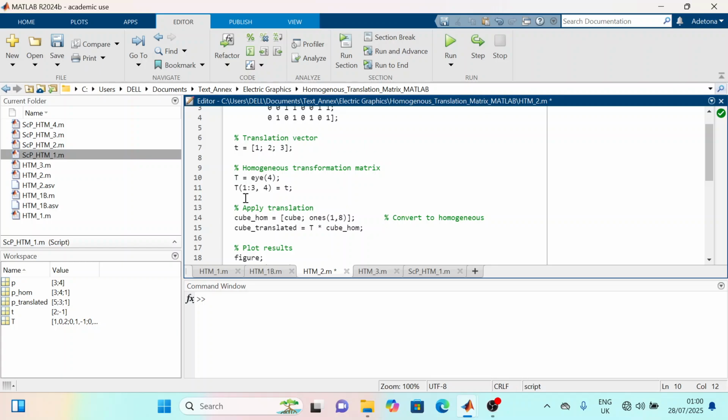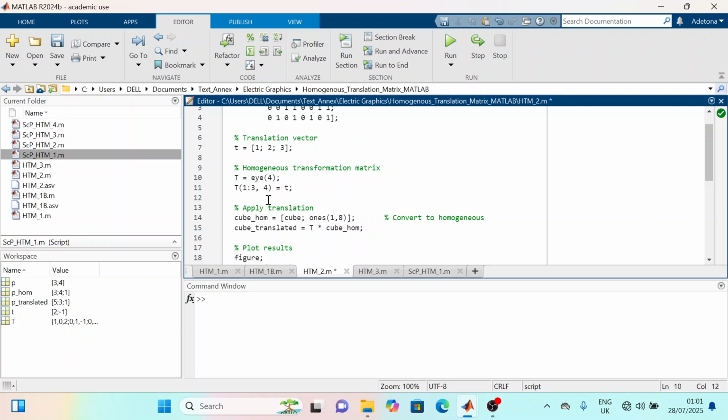In column 4, the cell 1, 4 is going to house 1. 2, 4 is going to house 2. 3, 4 is going to house 3. Whereas 4, 4 is going to house 1, which is already there before. And that is how we form our transformation matrix here.